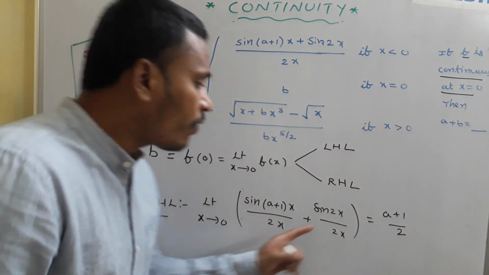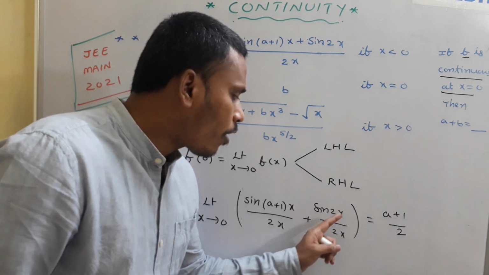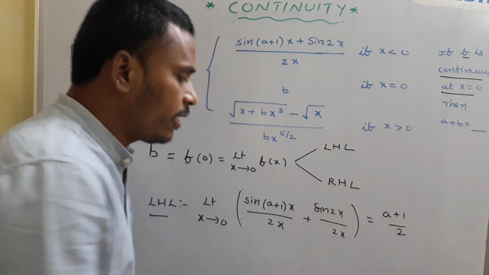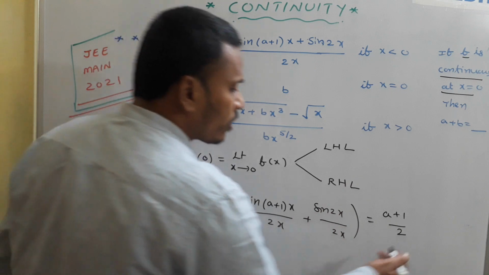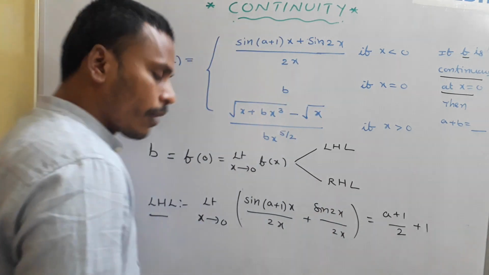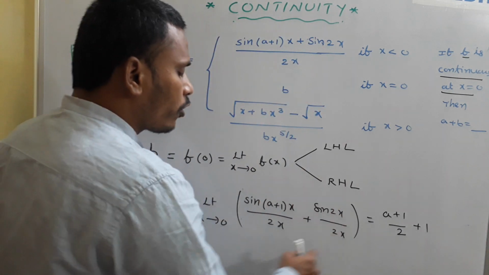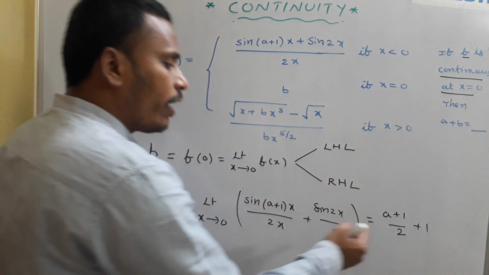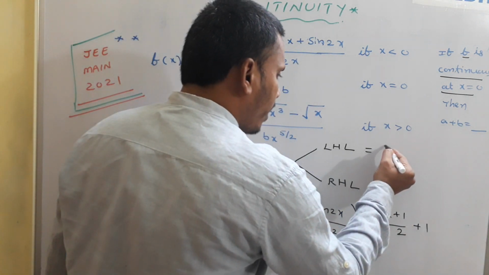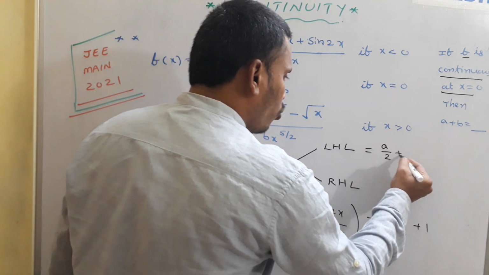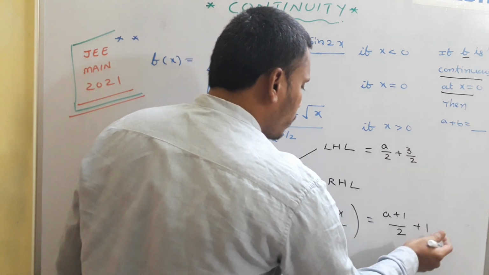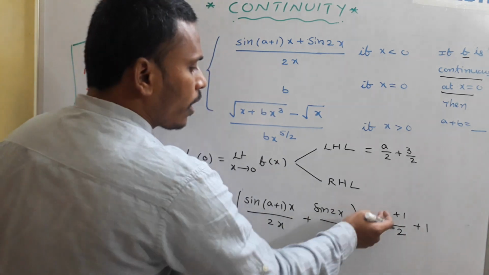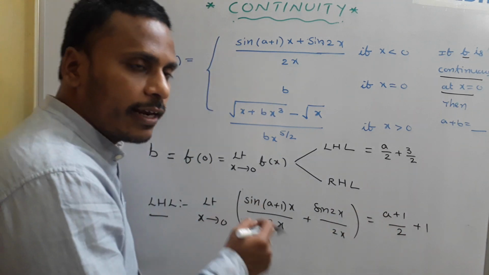In the same way, sine 2x by 2x is of the format sine theta by theta again, so this gives us 1 as the limit. So the limit as x tends to 0 is (a plus 1) by 2 plus 1. When you simplify, this left hand limit is nothing but a by 2 plus 3 by 2, just by adding 1 with 1 by 2 and a by 2. This is the left hand limit.